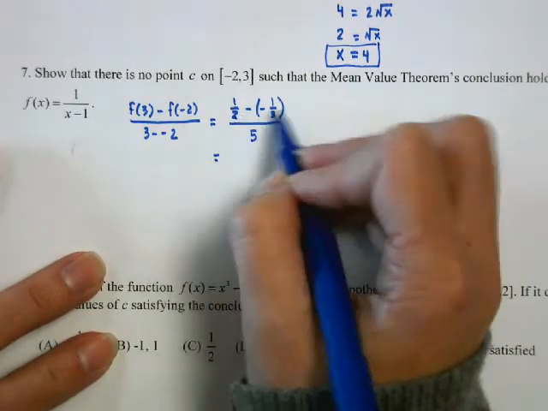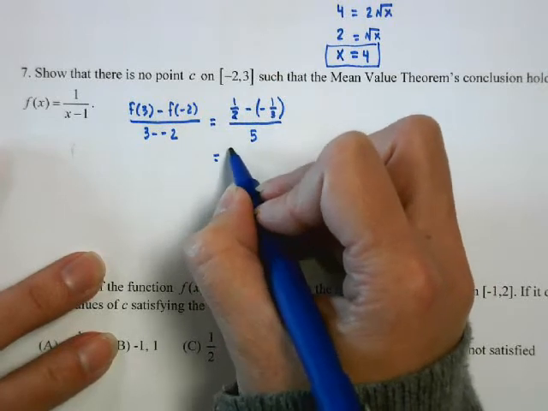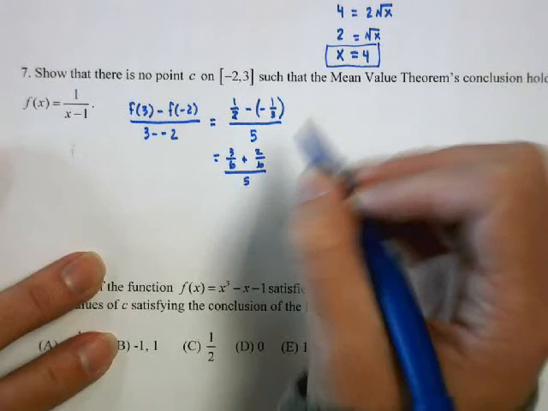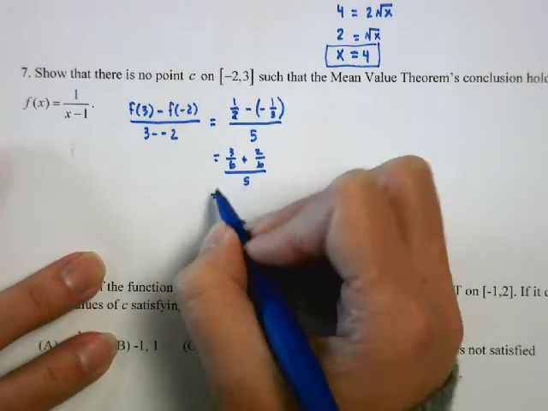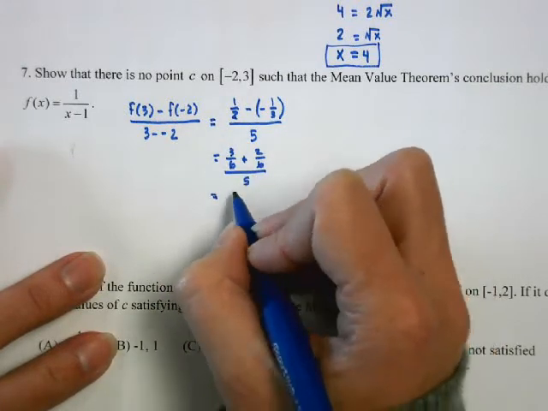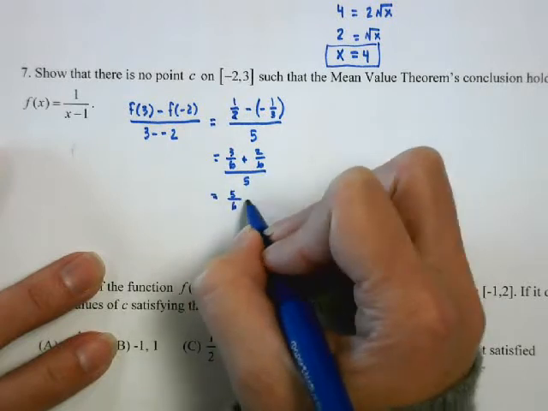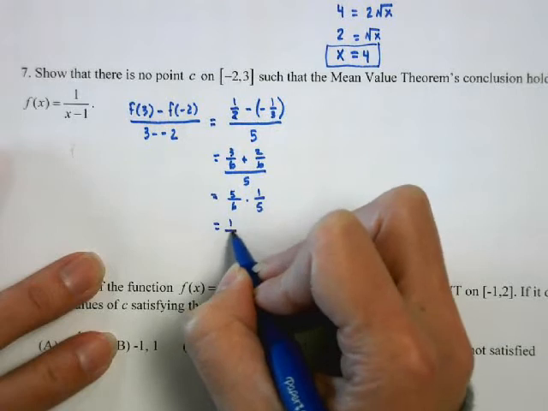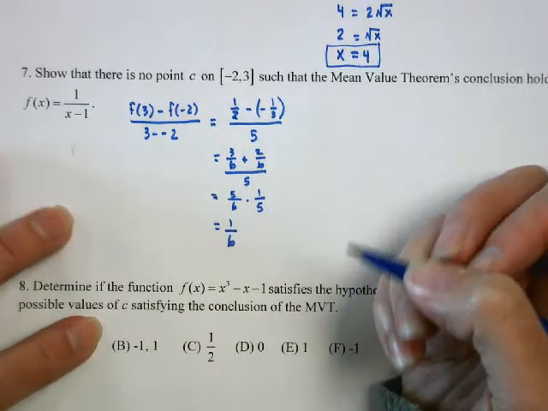I need to get a common denominator here, so 3/6 plus 2/6 over 5. So we get 5/6 over 5, or times 1/5. So we get a slope of 1/6.